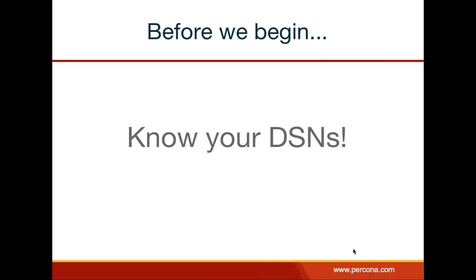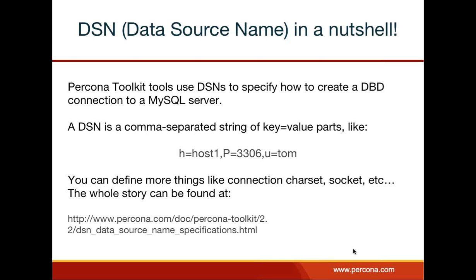Okay, now before we begin, I want to talk about the DSN. DSN stands for Data Source Name. Percona Toolkit uses DSNs to specify how to create a connection to the MySQL server using the Perl DBD driver. Basically, it's a comma-separated string of key-value pairs.